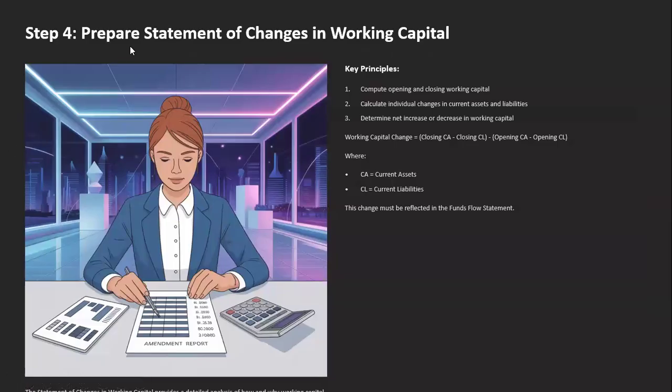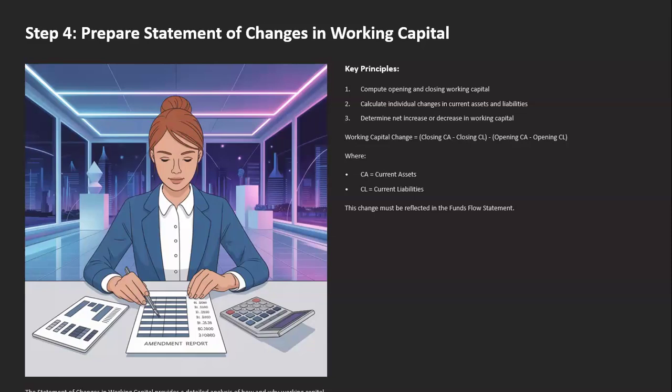Now, let's talk about how to prepare it. The first thing, when you're preparing a working capital statement, you need to calculate the opening and closing balance of working capital if it is available. How do you calculate? You have to find out current assets and current liabilities.